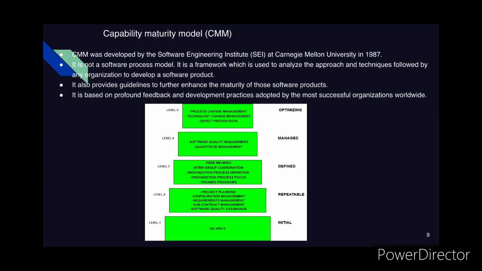It consists of planned interaction between different development teams to ensure efficient and proper fulfillment of customer needs. As in peer reviews, the members of one team review the software, but in intergroup coordination, the reviews are taken from members of different teams. Third, organization process definition. It focuses on the development and maintenance of the standard development processes.